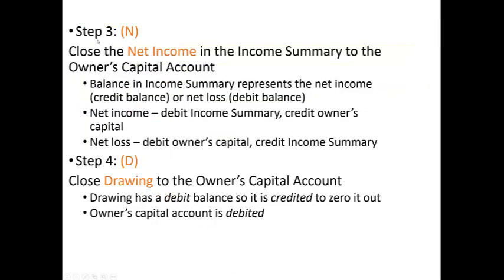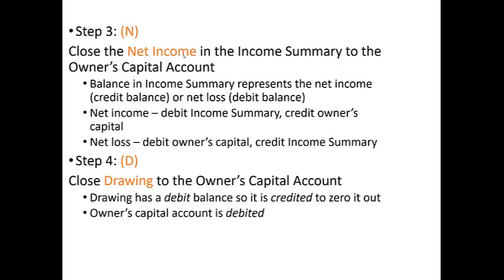The third entry is step 3, and we'll remember that with the N. And the N is for net income. And in this step, we're closing the net income that's left in the income summary. You know, we put in the revenues and we put in the expenses. So when you net those two out, you've got the net income now in income summary.